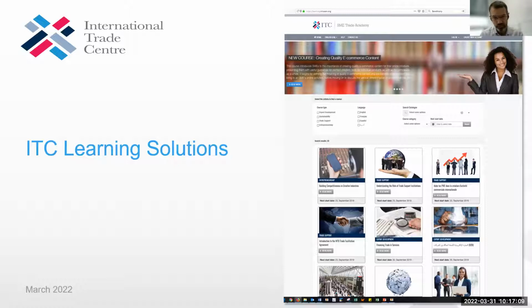We also support a platform on sustainable development called Trade for Sustainable Development, which focuses especially on the textile supply chain. On this main page, as you can see, building competitiveness in creative industries. So this is both for the private sector and the public sector and the business support organizations.